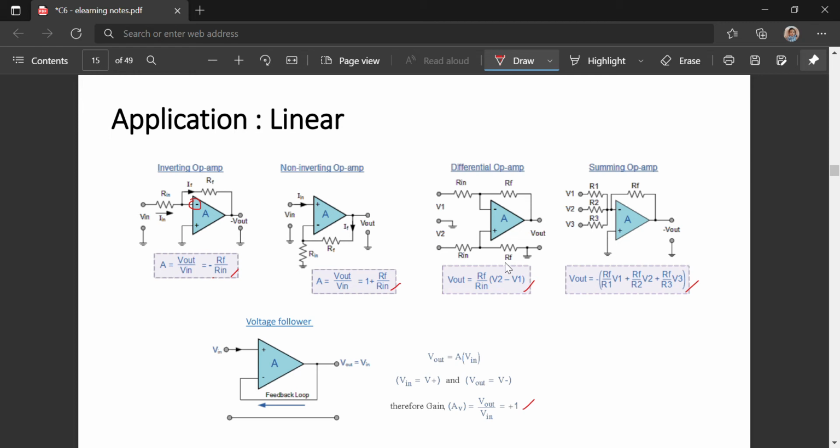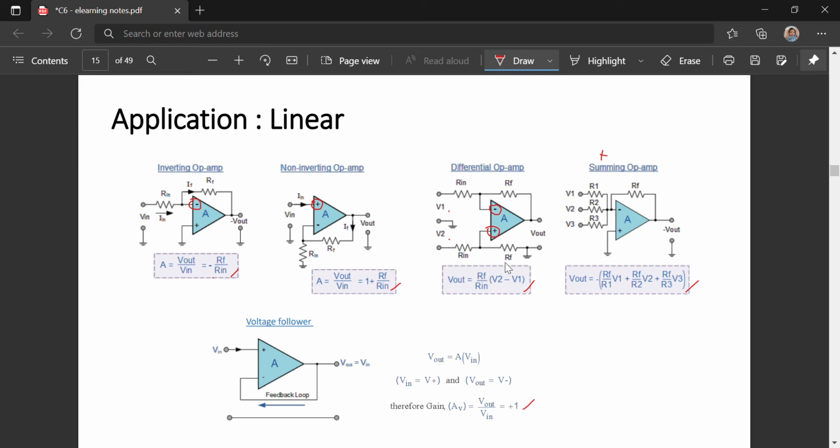For non-inverting op-amp, we connect the input to the positive input of the op-amp. For differential op-amp, we want to differentiate between two inputs. So we connect two inputs to both of the op-amp inputs. We have V1 and V2 in this example. For summing op-amp, we want to sum, or add, the voltages at one part of the op-amp.